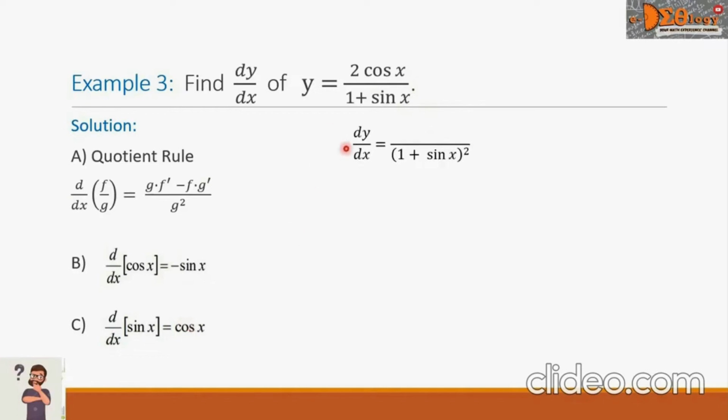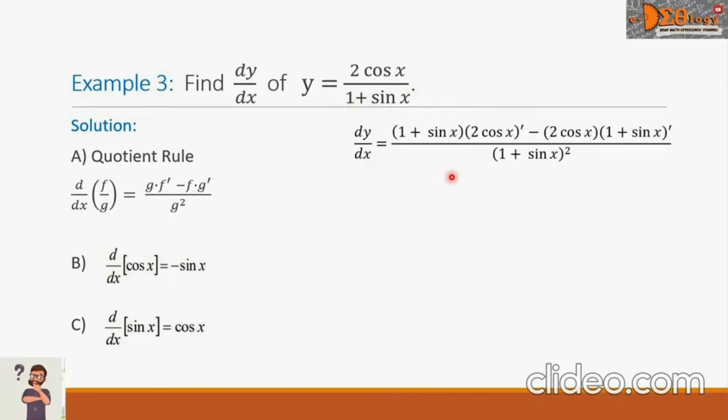So we have dy over dx equals, we will apply the quotient rule. First, by squaring the denominator. 1 plus sine x is now squared here. And then, in the numerator, we're going to write 1 plus sine x, that is the g function, times the quantity, which is the derivative of the numerator.